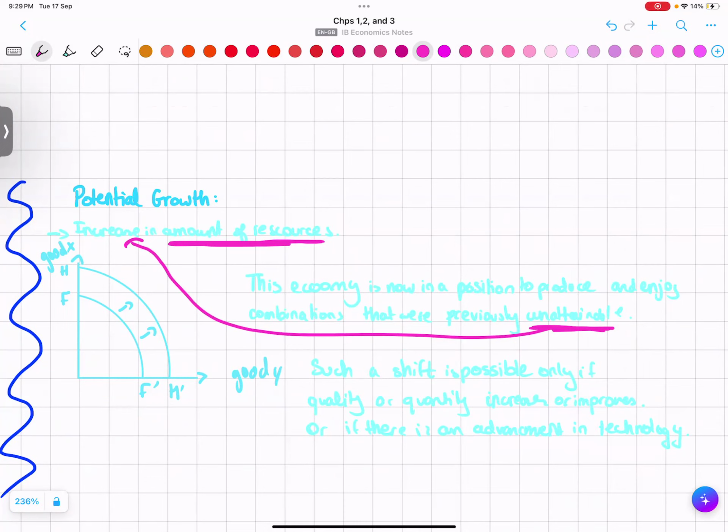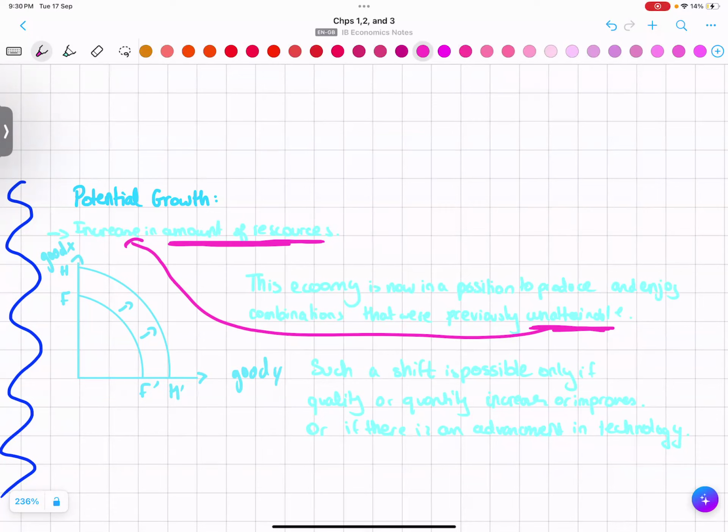Here you see good X and good Y. What happens is that the PPC shifts. The curve itself ends up shifting because there are more resources at this point.